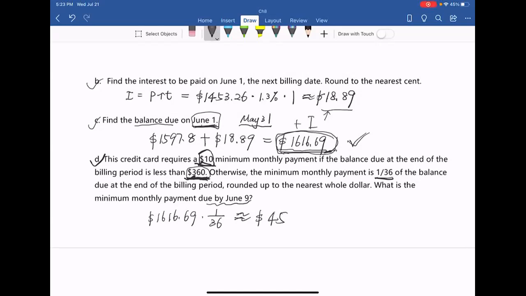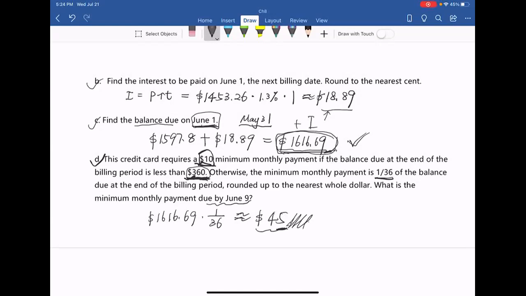Round up to the nearest whole dollar. The minimum monthly payment due by June 9th is 45 point something. So round up to the nearest whole number. Even if we have decimals here, we need to round them up.